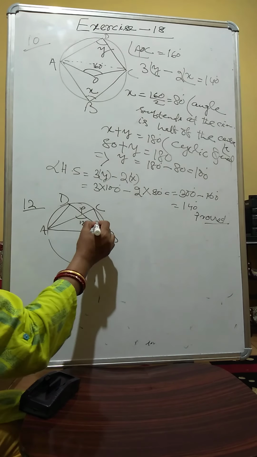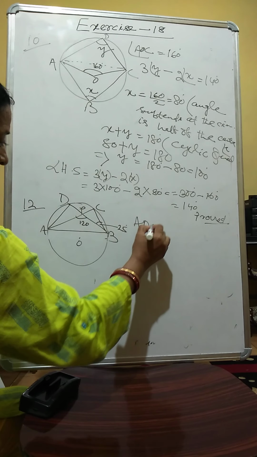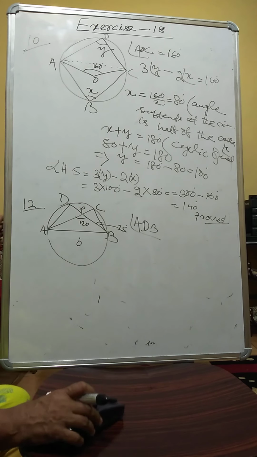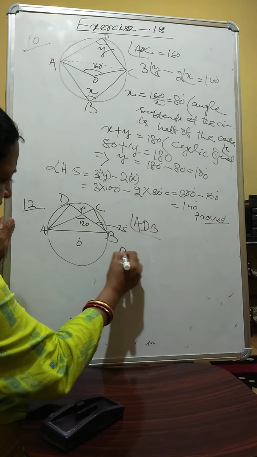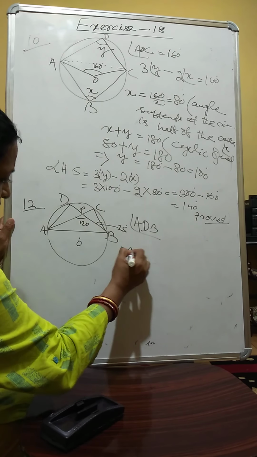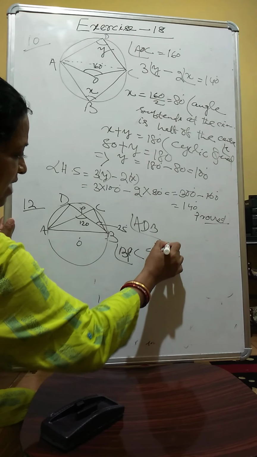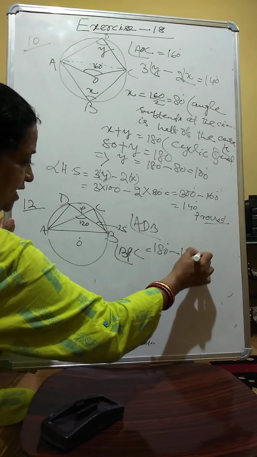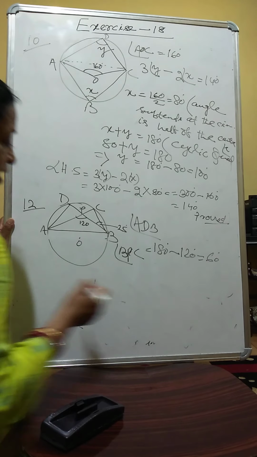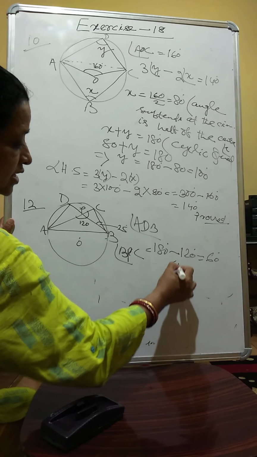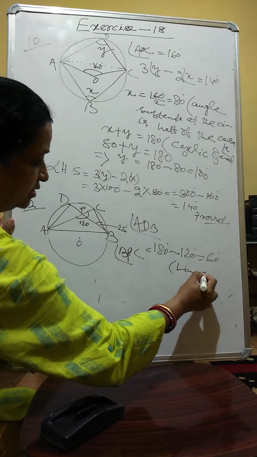Now you have to find out ADB. You see children, I can write BPC angle. BPC angle is 180 minus 120, 60 degree. Why? Linear pair property. This one, linear pair.